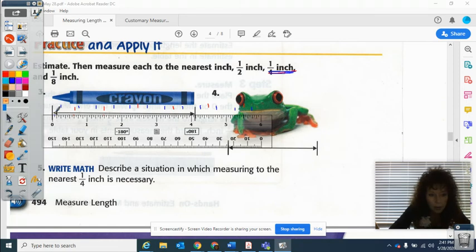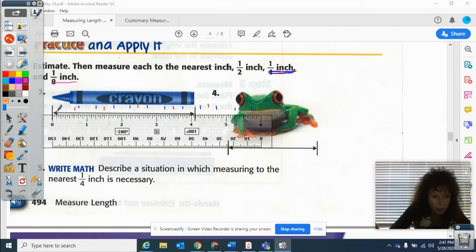So every two of those tiny little lines is an eighth. Notice how the line's a little bit longer. So maybe I can make the eighths. What color can I use? I'll use this pink. So right here.